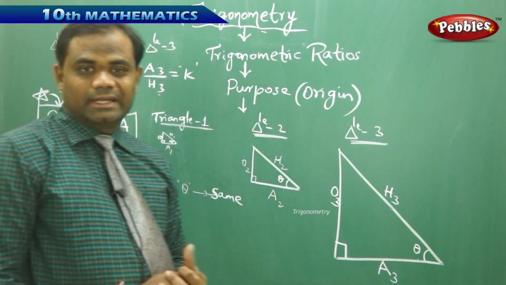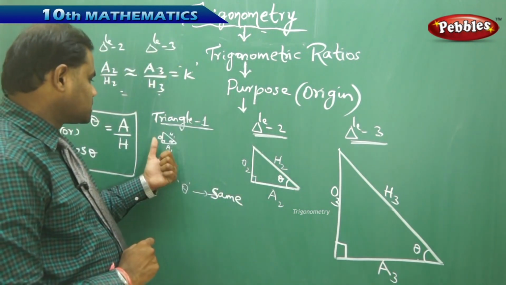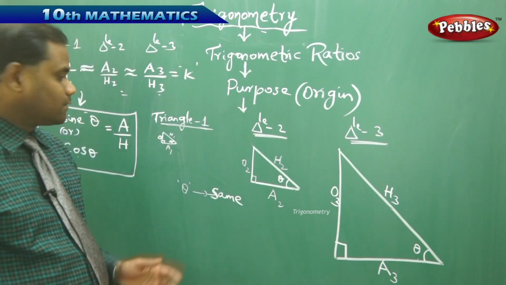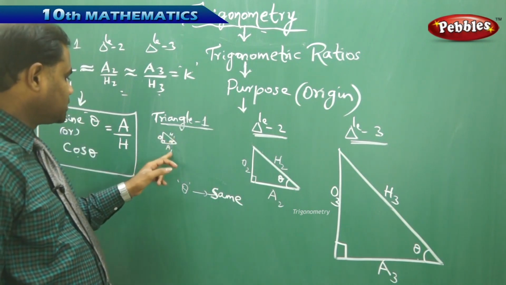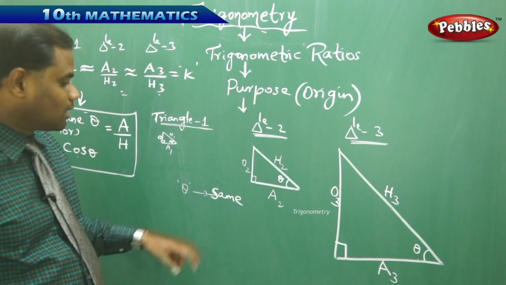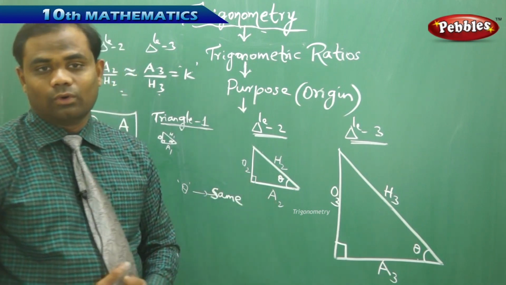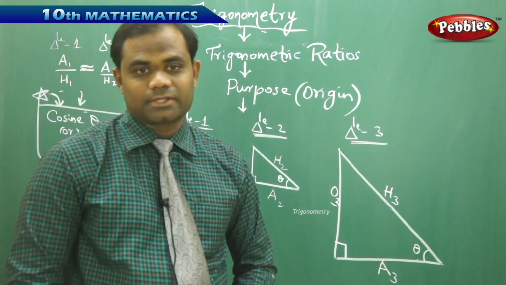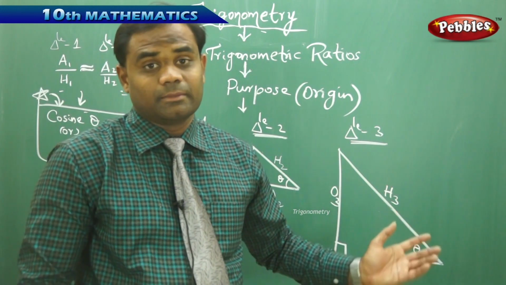Now lastly, let's see the comparison between opposite side and adjacent. We have compared O and H, and A and H. Now comes the turn of comparing A and O. So let's see what interesting conclusion was made by the mathematicians.